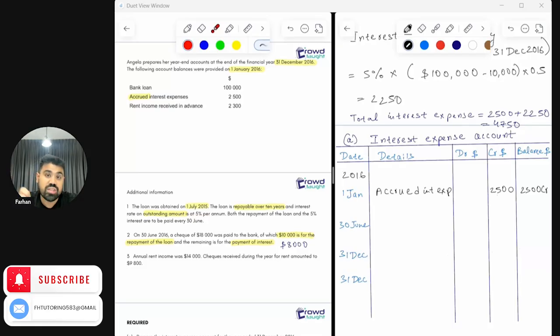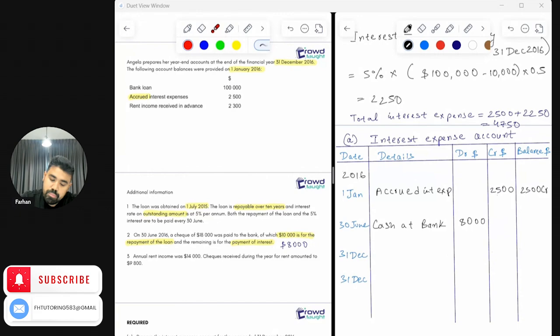So that's why we're crediting cash at bank. Okay? So if we are crediting cash at bank, the relevant cross-reference for the other account is to debit interest expense. So in the interest expense account itself, we have to show this $8,000 within the debit column, and the cross-reference here is the cash at bank. And this is based on the explanation for the journal entry which we have just discussed.